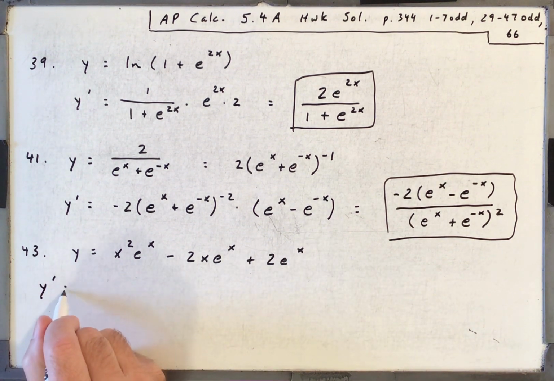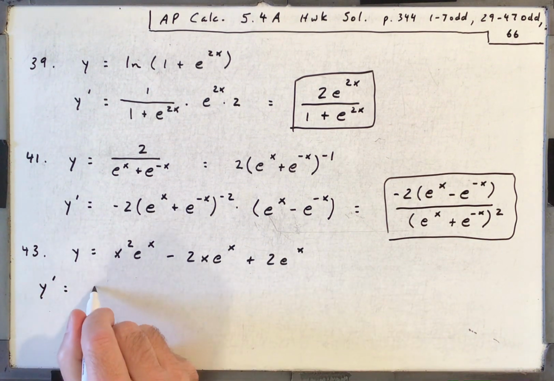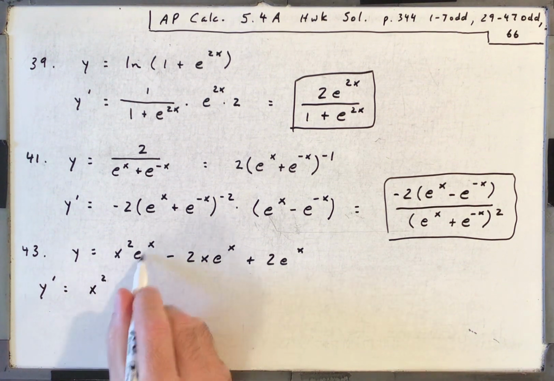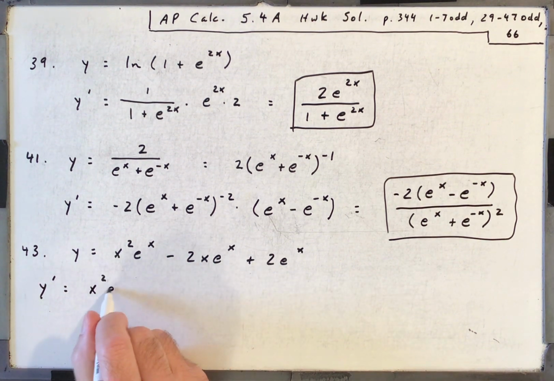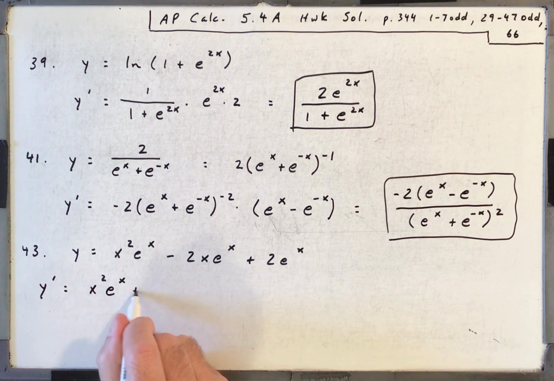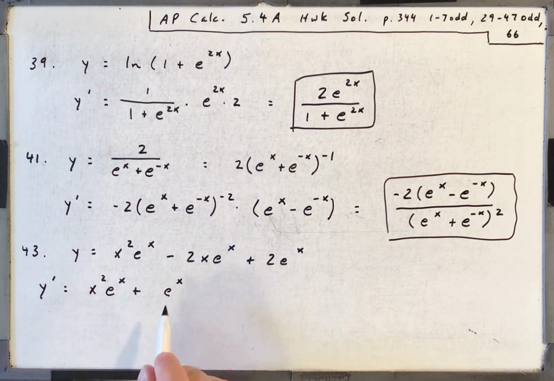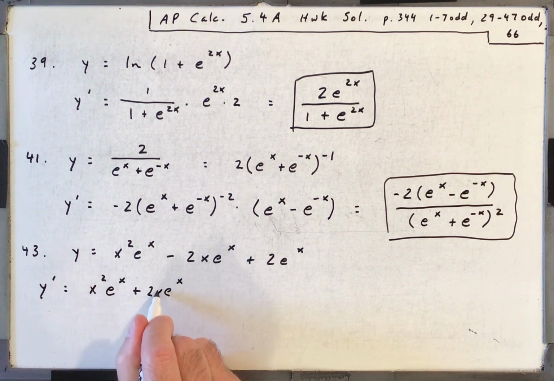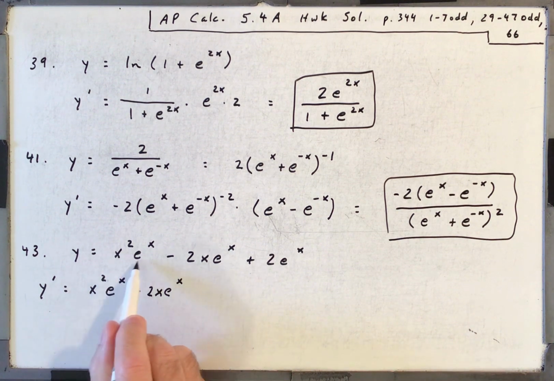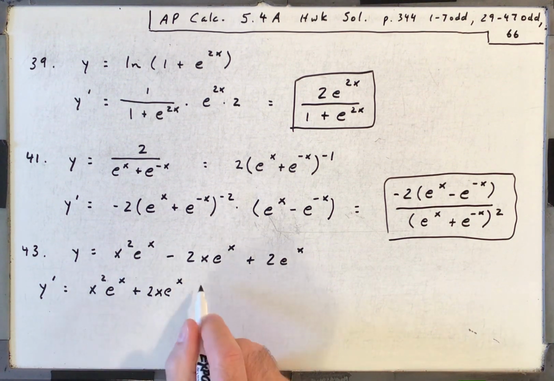So y prime. First, x squared times the derivative of the second, so that's just e to the x, plus the second, e to the x, times the derivative of the first. I want to put it out front. So that's the derivative of this.